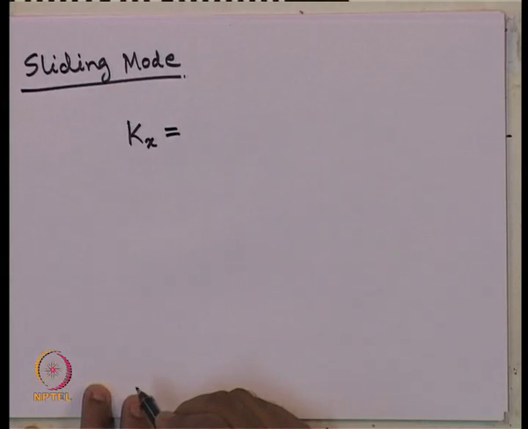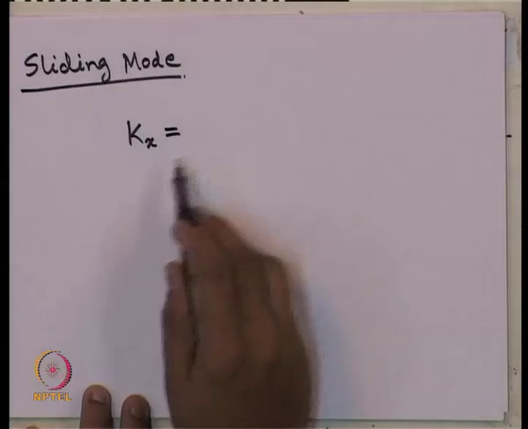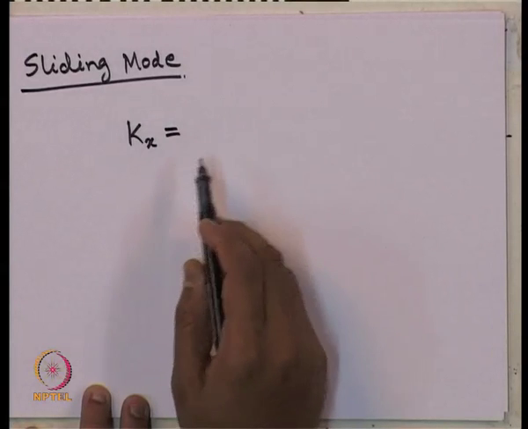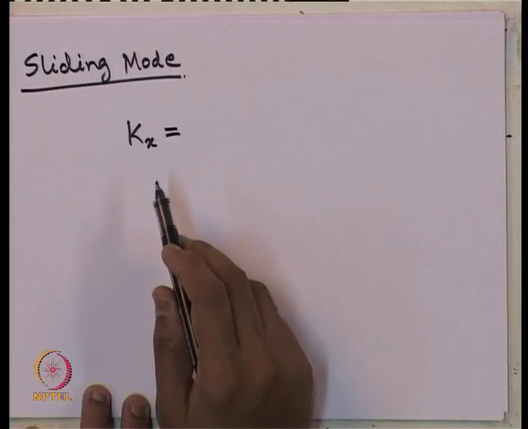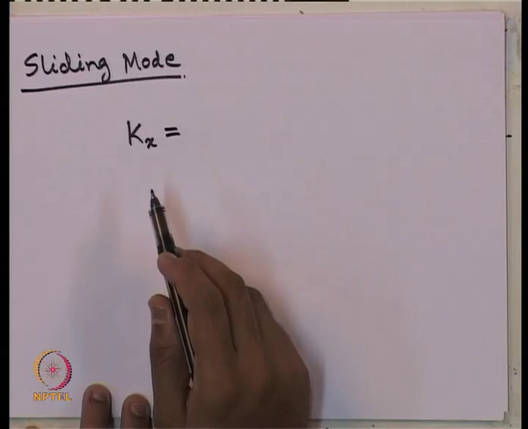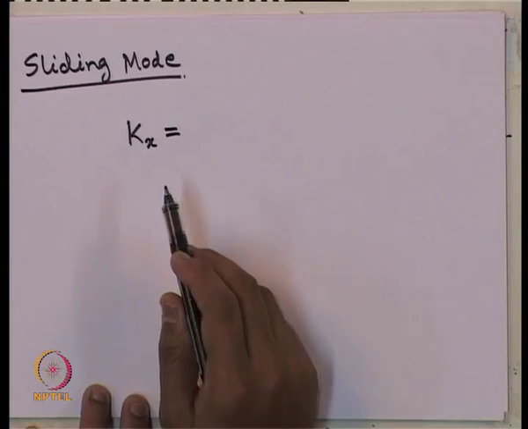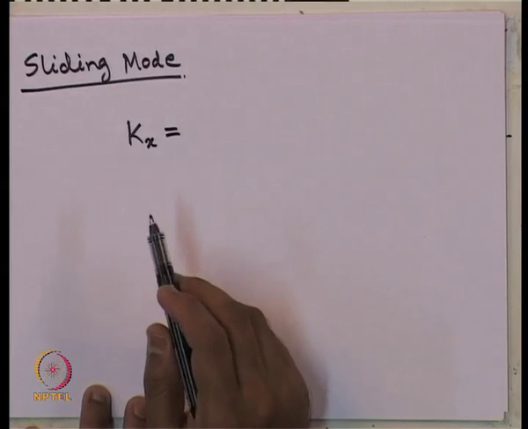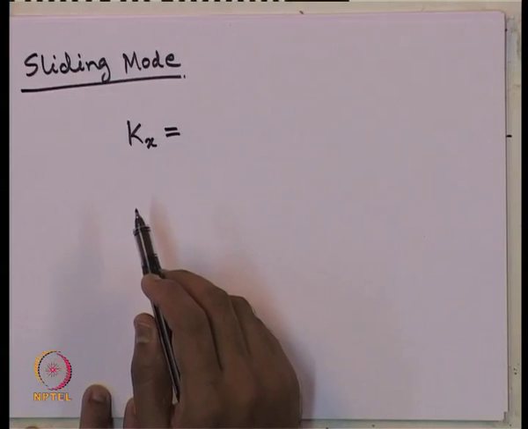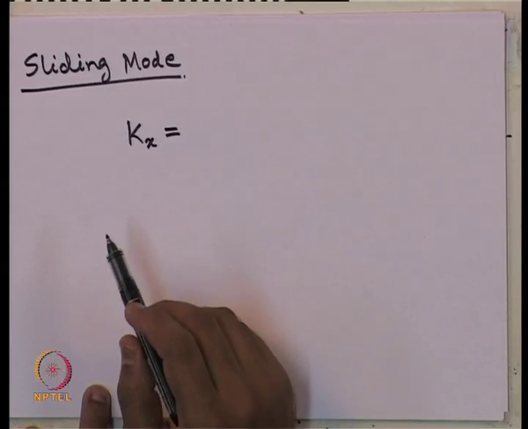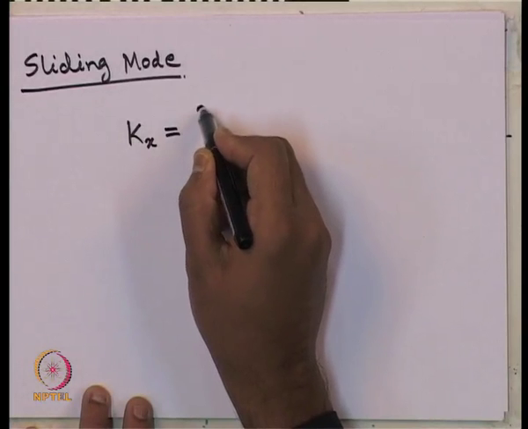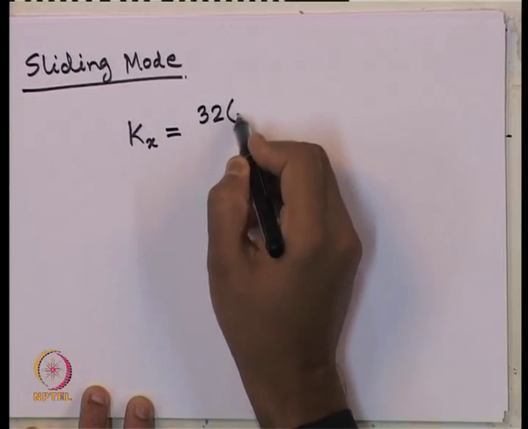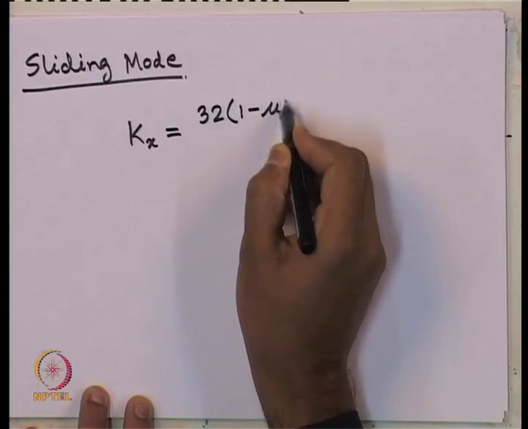Once again, as I had already mentioned, it can be computed using k x equals to C tau times A. C tau can be computed from C u or C z using cyclic plate load test data, or using analytical expressions based on theory of elasticity. The expression for k x can be used for this purpose. In that case, the expression is given like this.